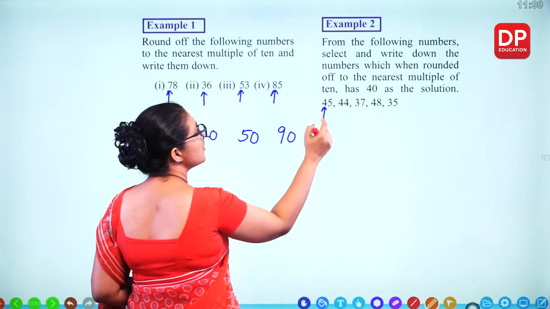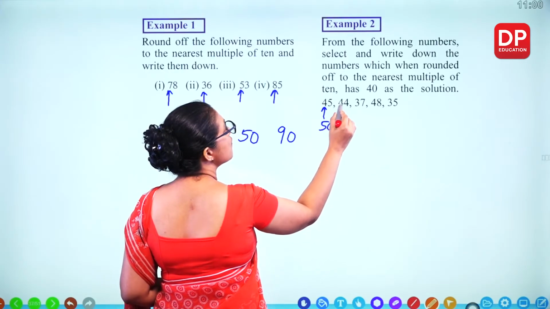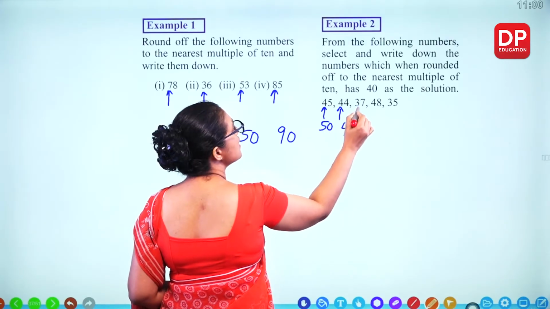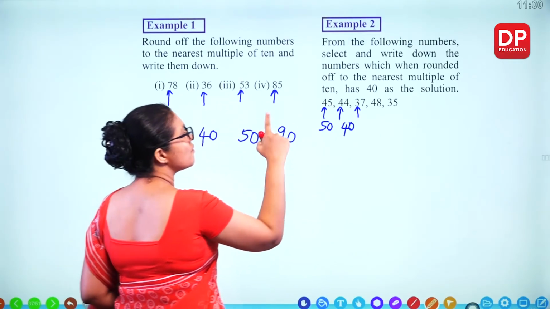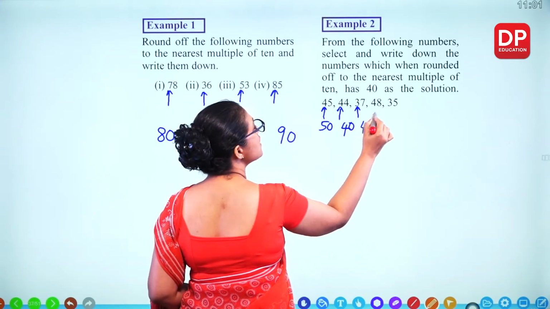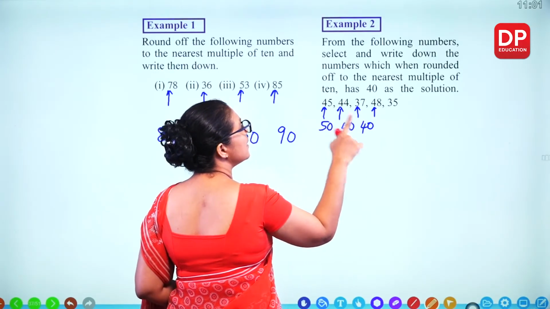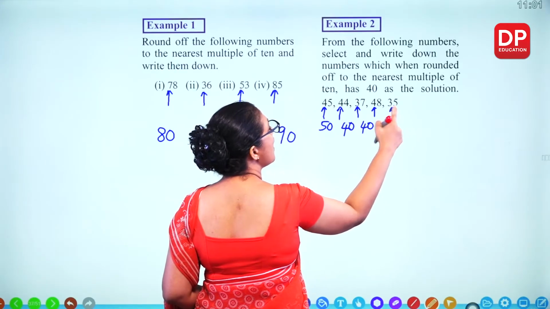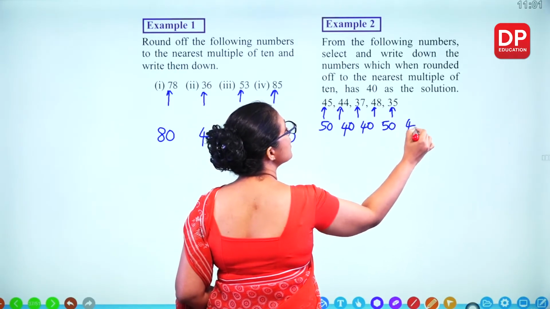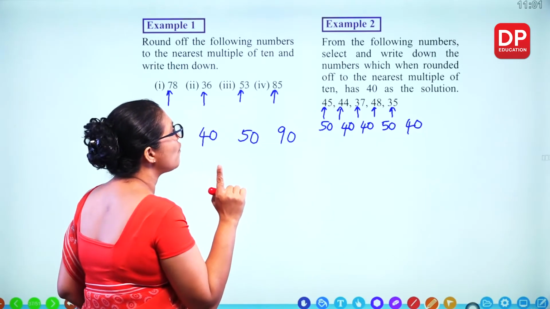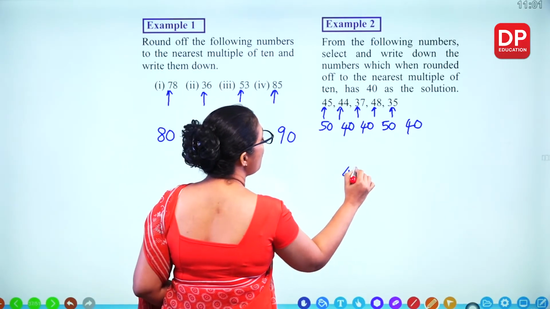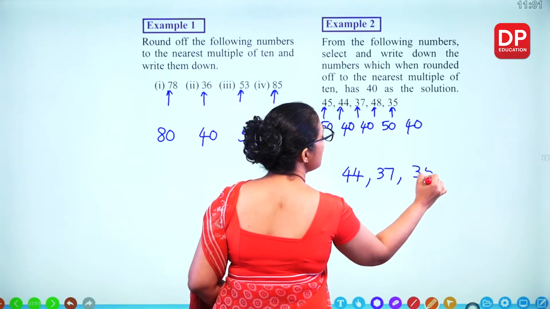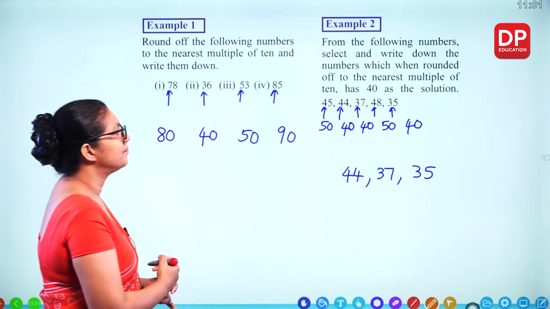You have to add 1, so that becomes 50. 44, you don't add, so that becomes 40. 37, you have to add 1, that becomes 40. 48, you have to add 1, that becomes 50. 35, add 1, so you get 40. So what are the numbers you get 40 for? 44, 37, 35.